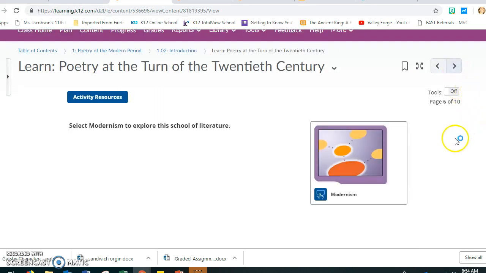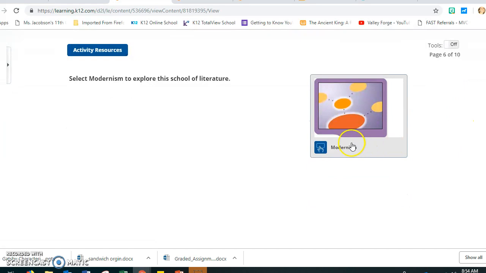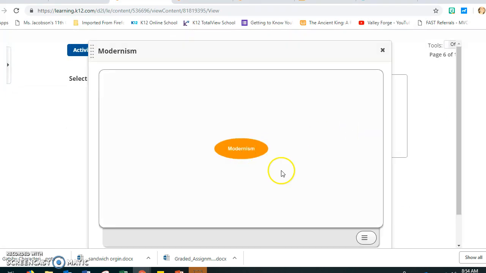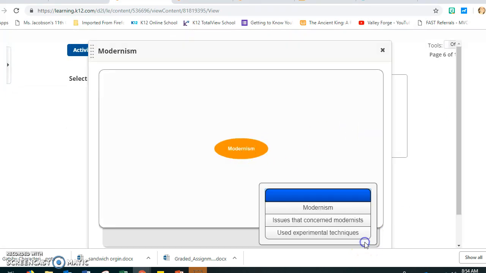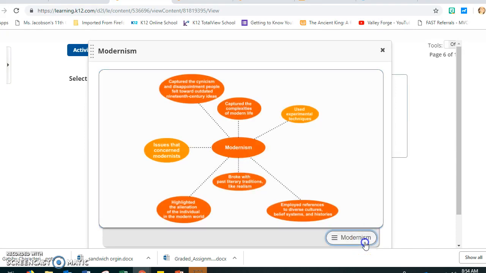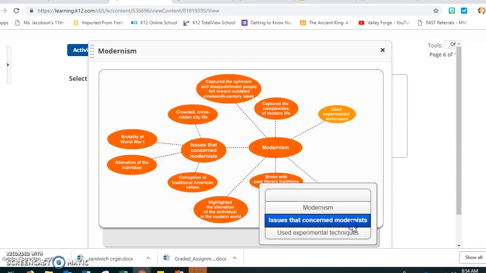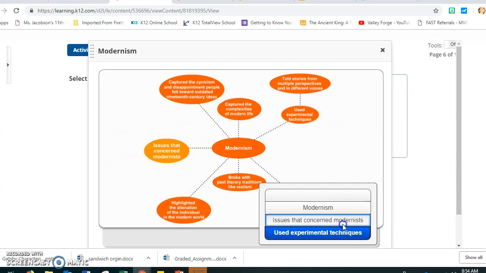Next page. All right. If you click on this modernism chart, and then you click on these lines here, you get a lot of the answers that are on the worksheet from these.